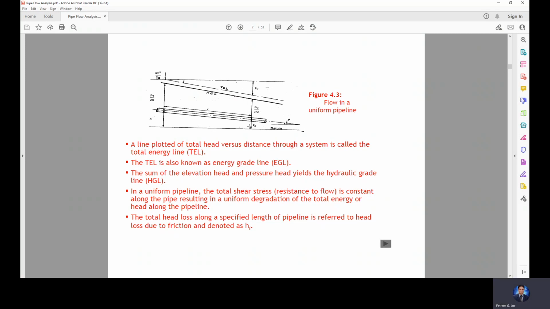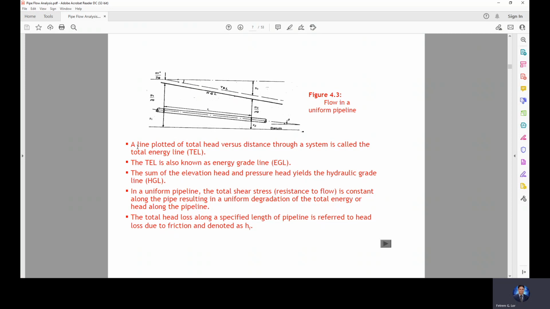So it's Z2, the elevation head at point 2, plus pressure head, plus velocity head, plus head loss. For point 1, we did not consider the head loss, because we just consider the head loss from point 1 to point 2.